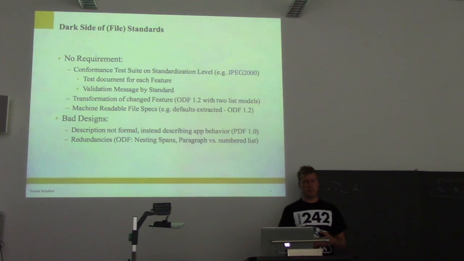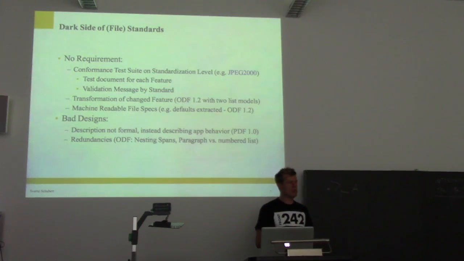If you can get the same feature in different ways, like a paragraph or a numbered list, then the implementer has to implement two different ways of parsing and writing it, without any additional feature set, getting nothing but another point of error. This is really bad design, and it happens a lot. So there are dark sides. Nevertheless, standards are very important, because they give us the opportunity that KOffice, for instance, and LibreOffice can exchange files.